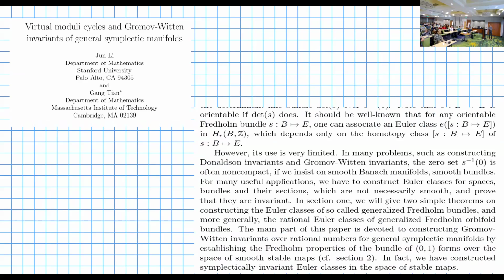But then its use is very limited. So we have to do something more complicated, and I never managed to understand the more complicated thing. And somehow I'm not an analyst. That was my excuse. And of course there are other approaches that have been developed.